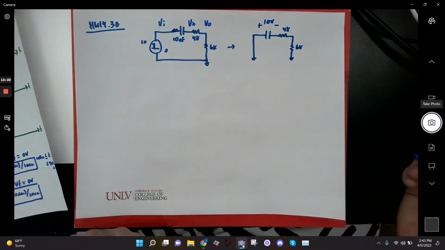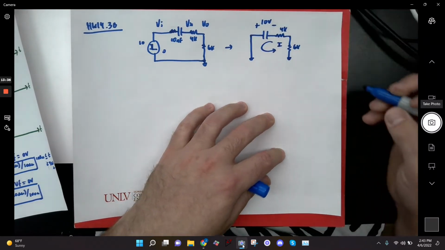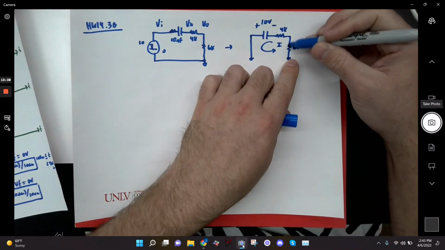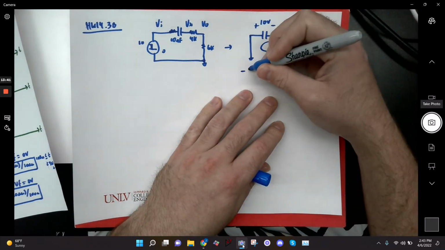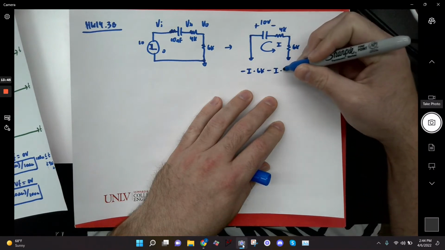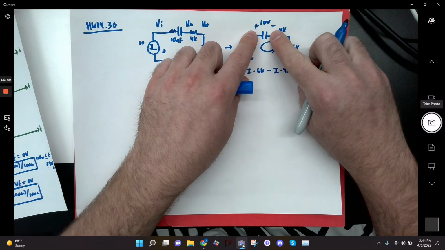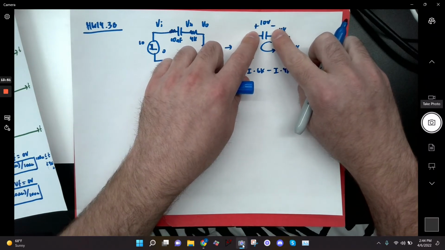And so again, I'm going to do KVL. If I do KVL, I'll start at this 6K. I'm going to drop minus I times 6K. I drop minus I times 4K. And then when I get to my capacitor, I can just treat my capacitor like any other component. It has 10 volts across it.